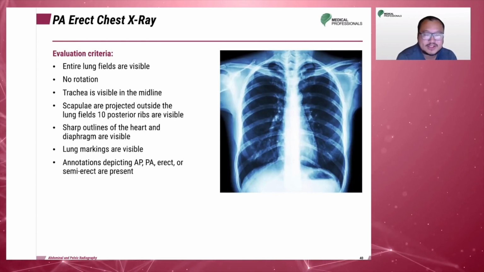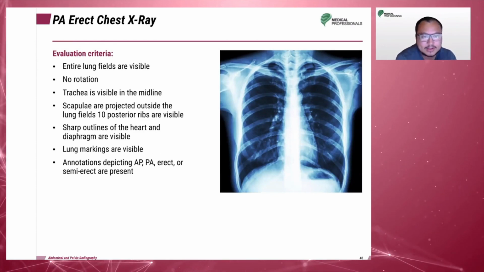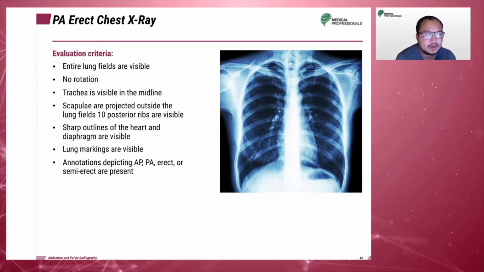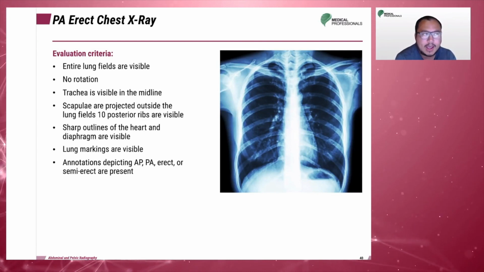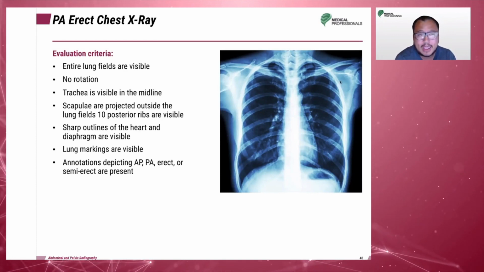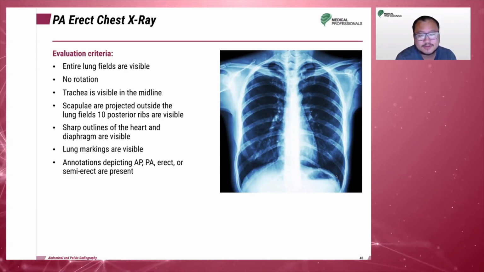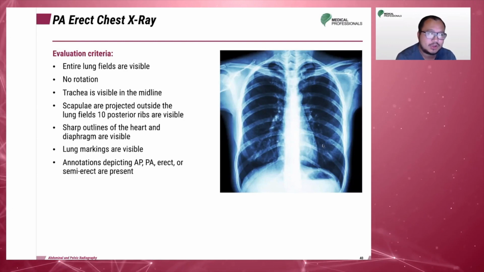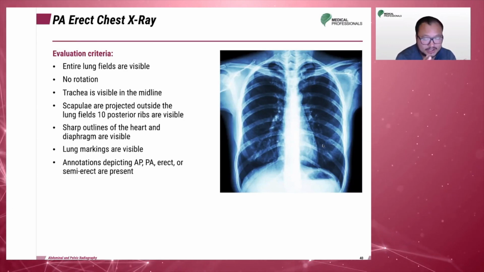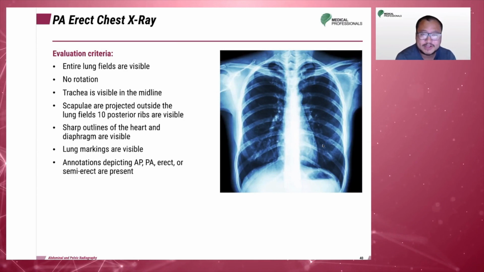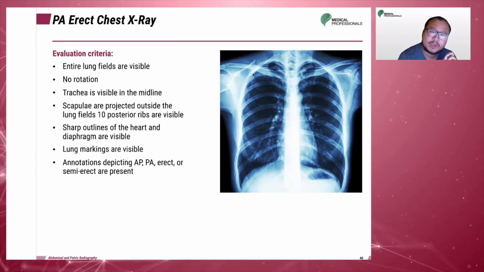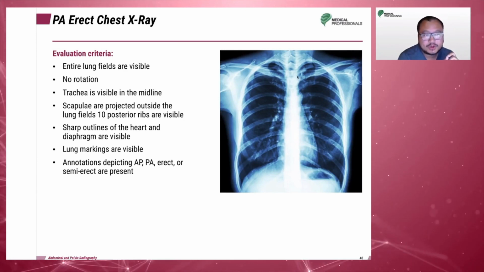The evaluation criteria. So what we're looking at in the evaluation criteria is we're looking at the entire lung fields being visible on our projection. So we want to see from apex, which is the top, to costophrenic angle, which is at the bottom here. We need to see that to ensure that we have a good PA chest x-ray. No rotation. So no rotation, what we're looking at is here at the sternoclavicular joints.